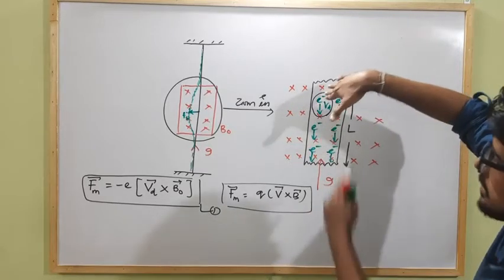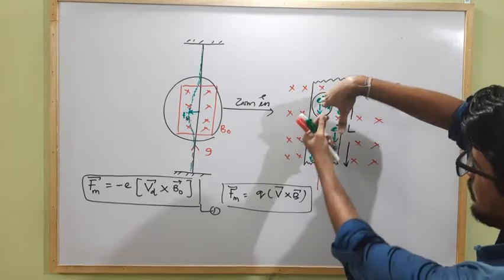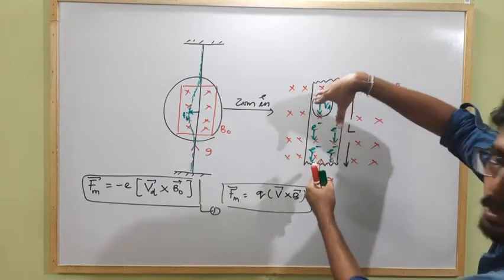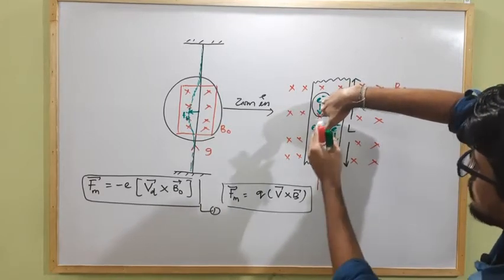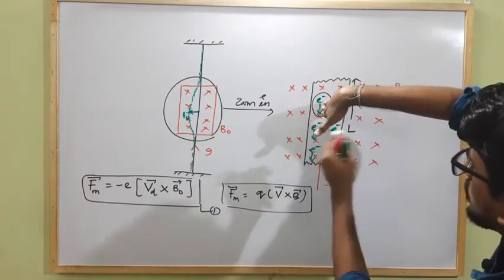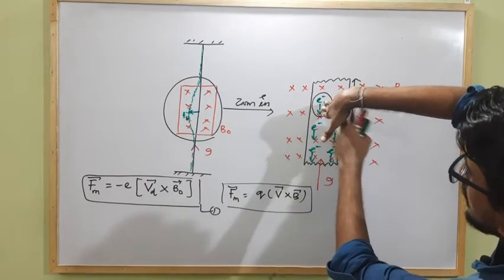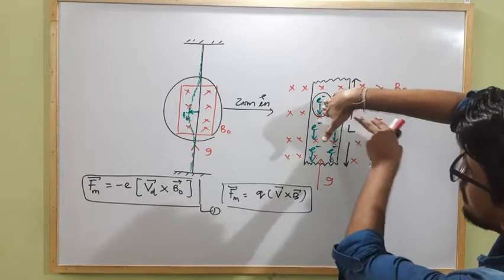Okay, these electrons are moving along the downward direction, and the magnetic field is into the plane. The electron is a negative charge, so it will experience a force opposite to that of the palm. If it is a positive charge, it will experience a force along the direction of palm.